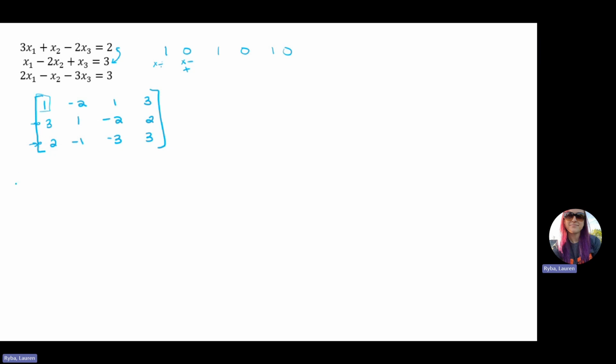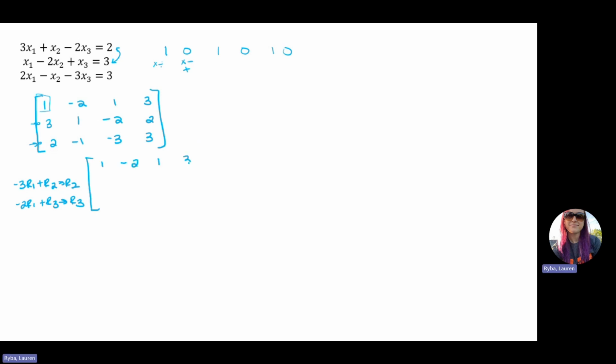So I'm going to take -3 times row 1, add it to row 2. And that's going to go back into row 2. And then I'm also going to list what I'm going to do to cancel out that bottom row there. If I want to get rid of 2, I'm going to multiply by -2. So -2 times row 1, add it to row 3 is going to replace row 3.